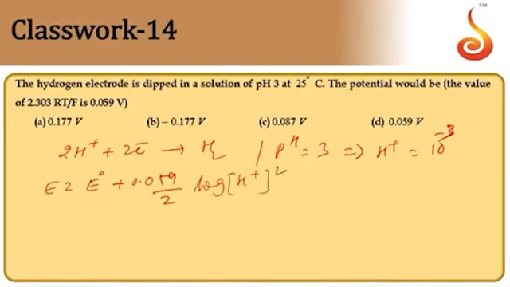E naught will be 0 for hydrogen electrode, and 0.059 is approximately 0.03 into 2. This 2 gets cancelled in 2 log of H plus. So log of H plus means log of 10 to the power of minus 3, so it is minus 3 log 10. These two can be cancelled here.